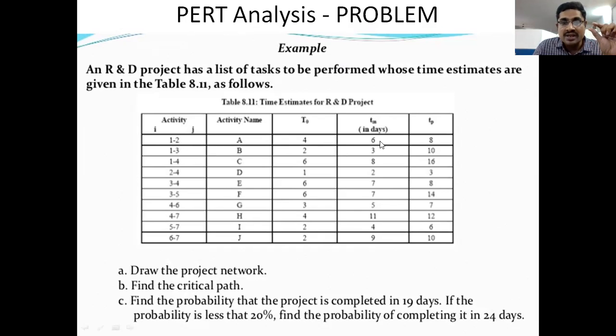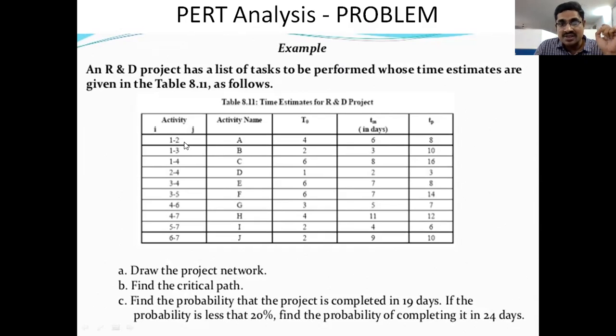Here for the 1 to 2 activity, TM means normal time, the normal time required to complete this activity, which is 6 days, right? This is normal time. And for the 1 to 2 activity, pessimistic time means the very longest time, as maximum as possible, the longest time for this particular activity.